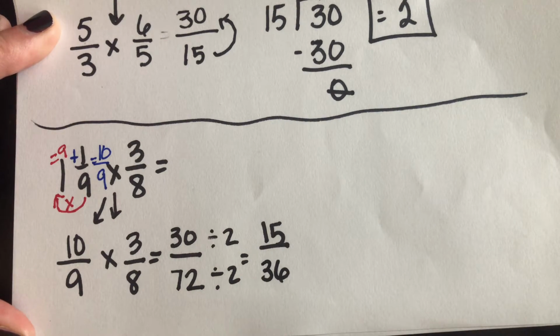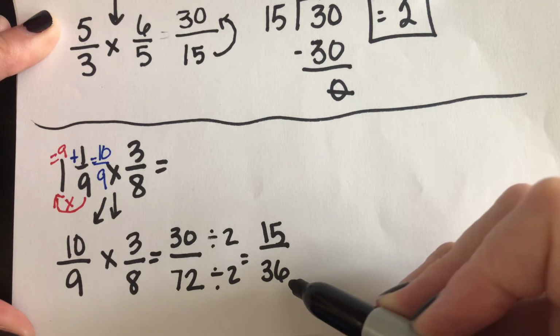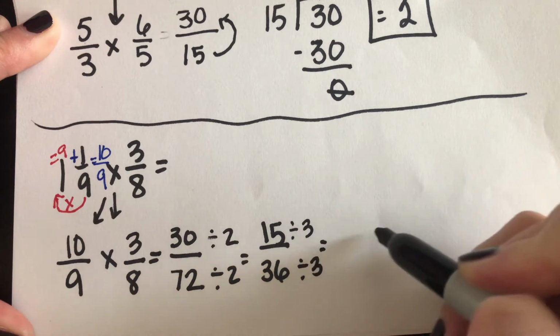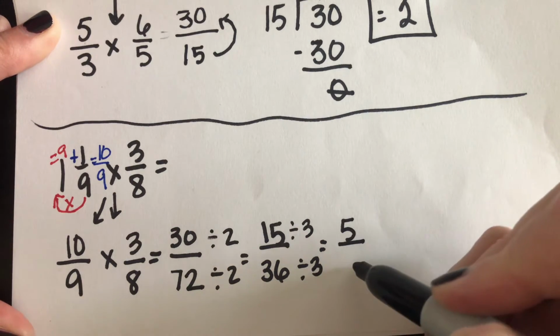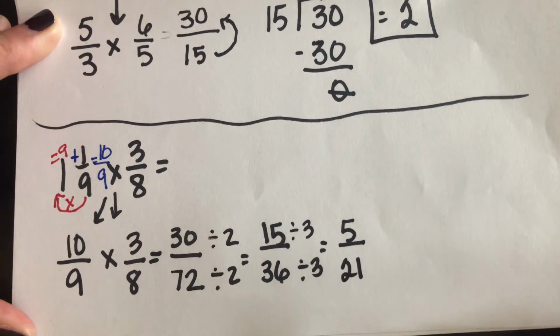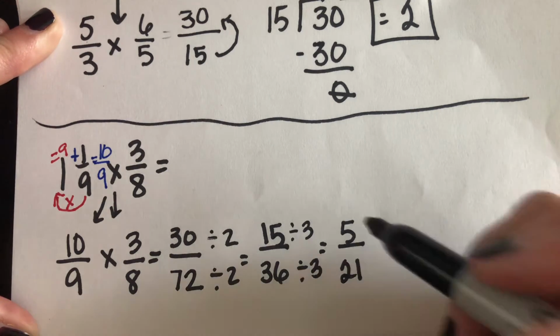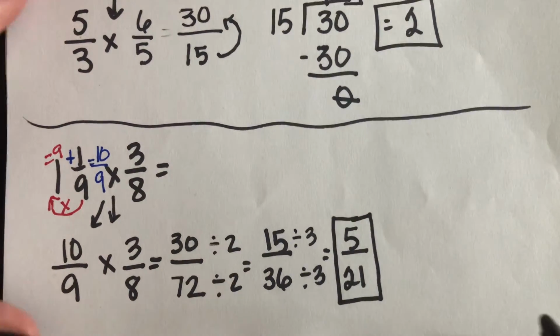Looking at these, I still know that I can simplify it. I know 3 goes into 15, I know 3 goes into 36, so I'm going to divide them both by 3. 15 divided by 3 is 5, and 36 divided by 3 is 12. And now I ask myself, is there any other number that can go into that? And the answer is no. So that, my friends, is in simplest form.